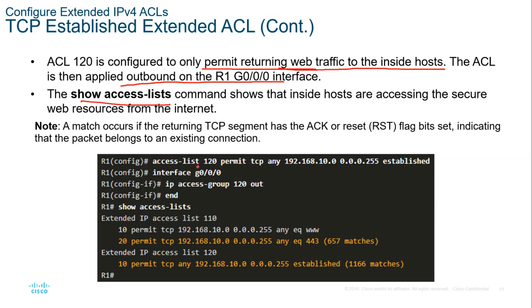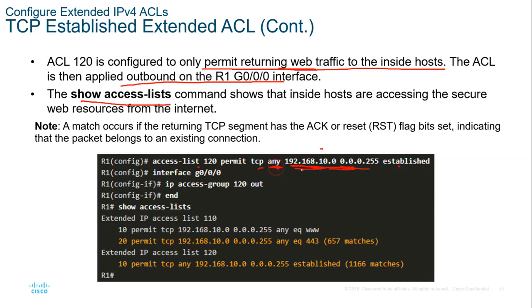So we have access list 120 permit TCP, permitting any network. When you look at this, this is our internal network. If it tries to reach any network, it should actually be established.